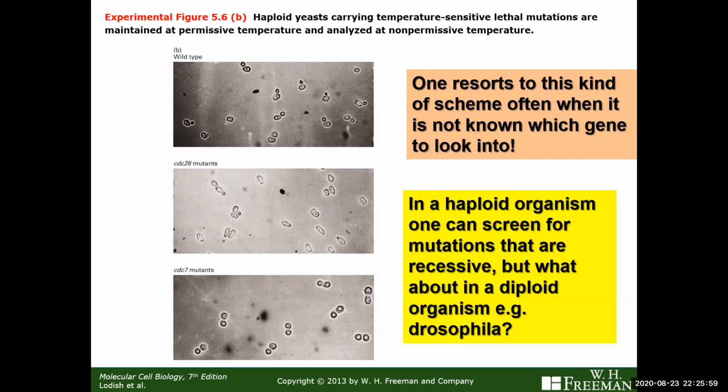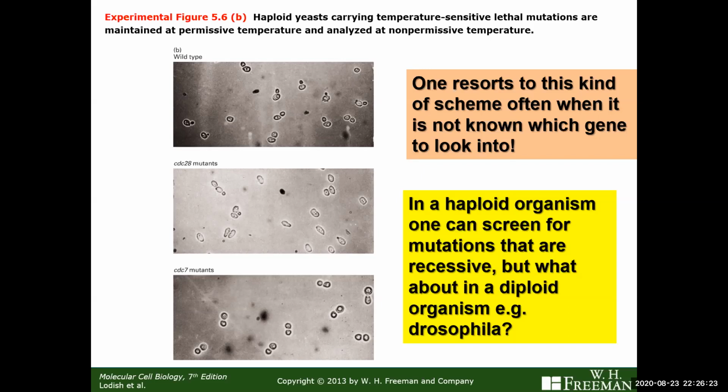And because of that, you will not see the phenotype. Remember, if it is a recessive mutation, then the wild type phenotype shows through because of the wild type copy of the gene. So you will miss all of these mutations. Therefore, these things are done in haploid organisms, in the haploid variant of yeast.